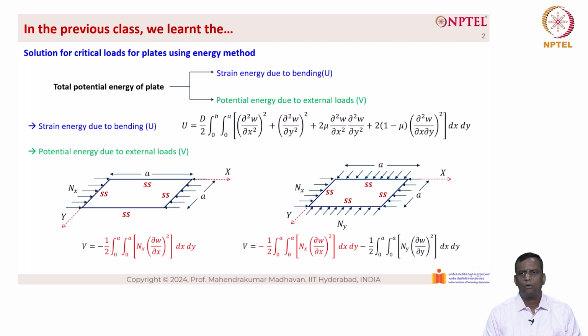Here we are taking account of the fact that the plate is subjected to biaxial compression. So, for compression in the x direction we take Nx, and for compression in the y direction we take Ny, and hence the equation gets repeated twice. The first part of the equation corresponds to the compression in the x direction, and the second part of the equation, that is in black color, corresponds to the compression in the y direction.